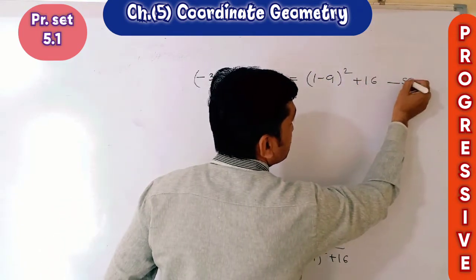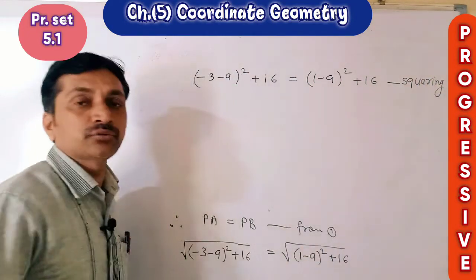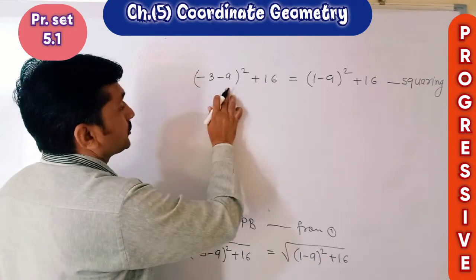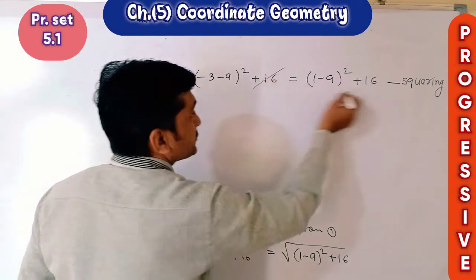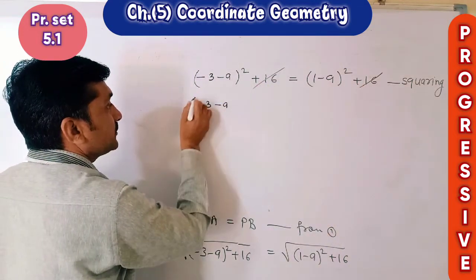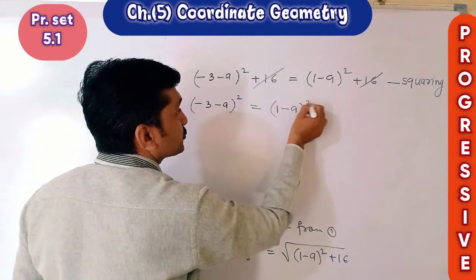We have done squaring, therefore the square root sign is removed. Now 16 is on both sides, therefore we can cancel 16. (-3 - a) squared is equal to (1 - a) squared.